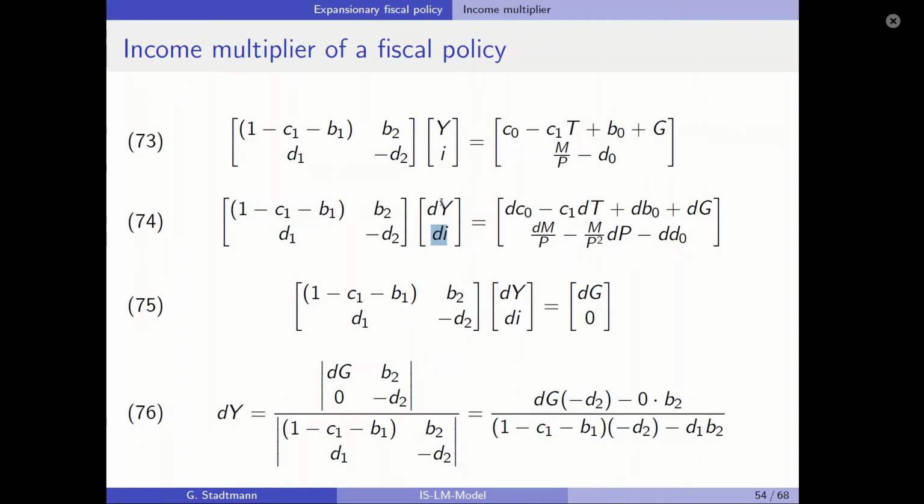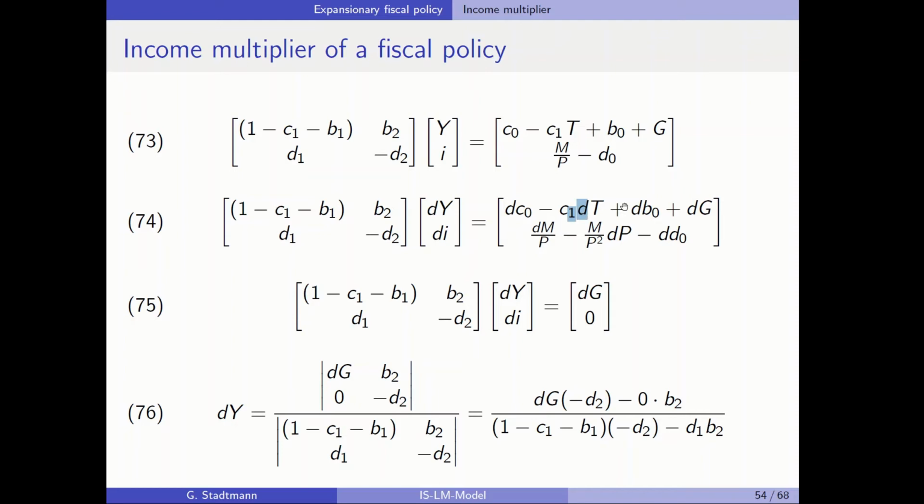So in this step, it's really important that you know which kind of letter displays a variable and which kind of letter displays a parameter. The parameters are constant. We are not writing a d in front of a parameter, only in front of the variable. Also, when it comes to this kind of term here, for example, minus C1t, we are writing the d in front of the variable t, but not in front of the parameter C1.